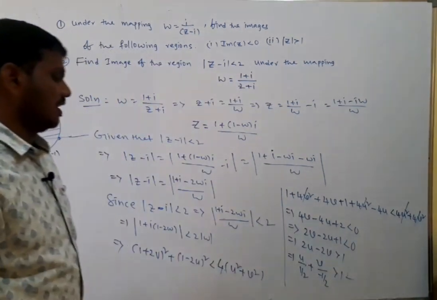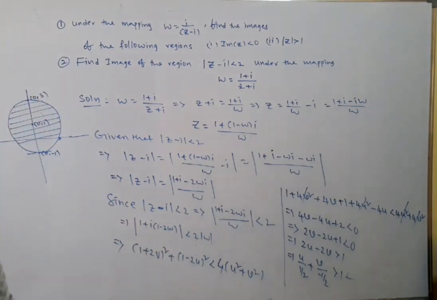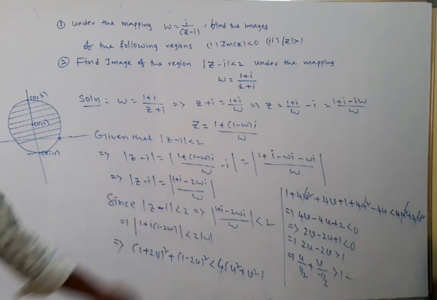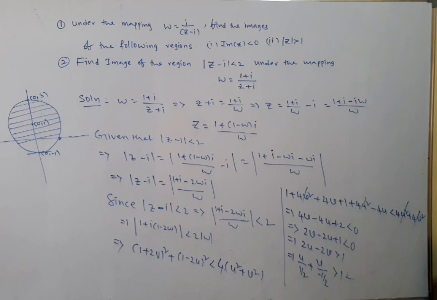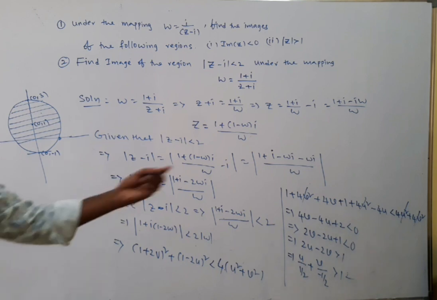So it is a straight line, right? That is the intercept form: instead of x and y intercepts, we have u and v. The u intercept is 1/2, the v intercept is minus 1/2. u is positive, v is negative. It is greater than 1.